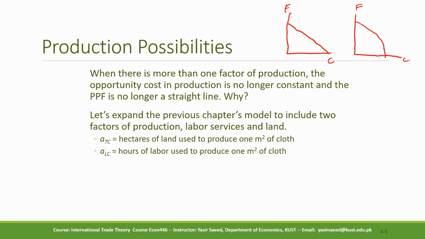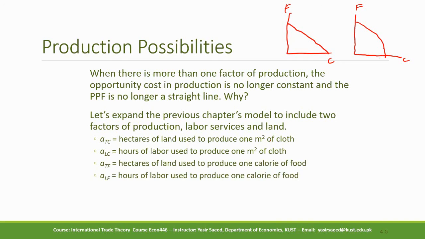Similarly, aLC represents labor used for the production of cloth: labor hours used for producing 1 square meter of cloth. Again, we define aTF as hectares of land used for production of 1 calorie of food, and aLF as hours of labor used to produce 1 calorie of food.